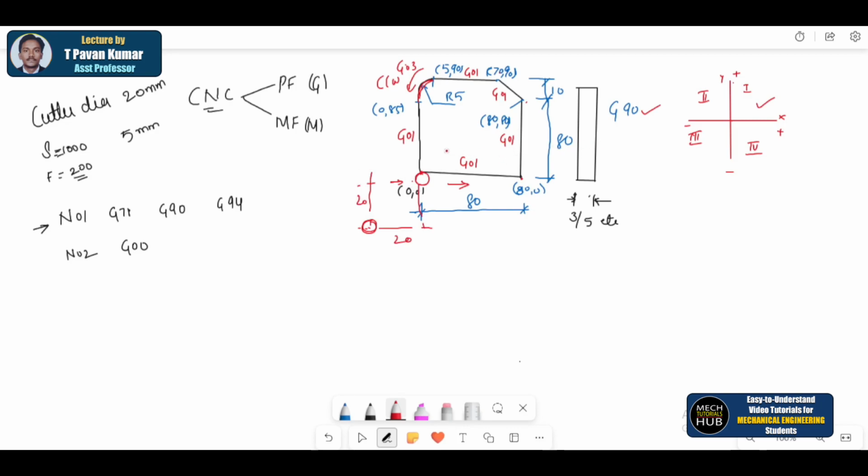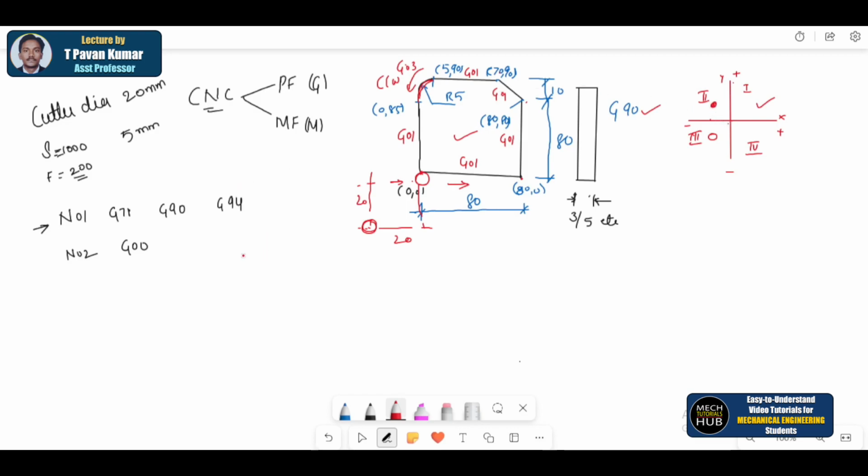Now as I said, the plate belongs to the first quadrant. When it belongs to the first quadrant, whatever the position of the tool is, that belongs to the third quadrant. If it is in the third quadrant, both x and y are negative. Let us say, for our understanding, the tool is positioned at -20, -20, somewhere here, and that needs to be taken to the origin.